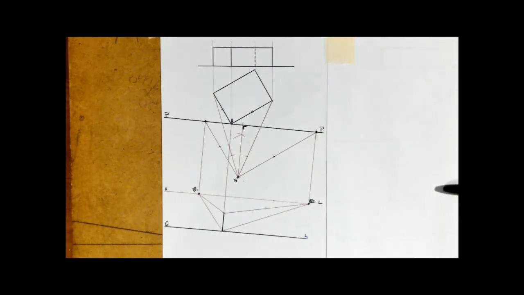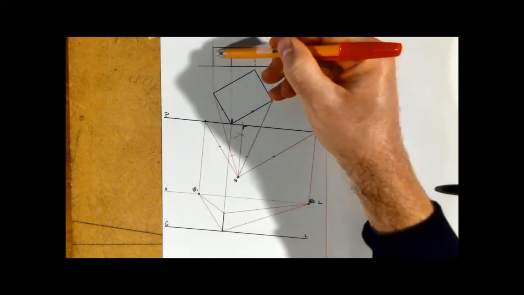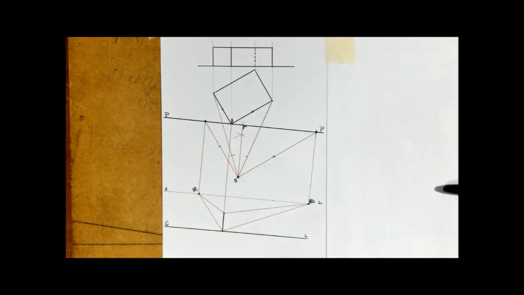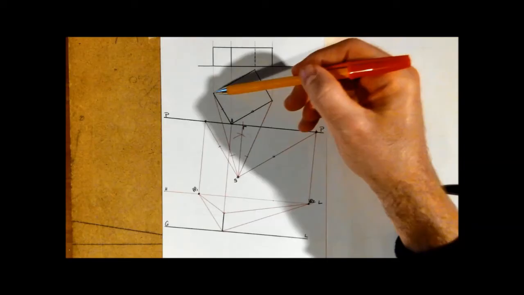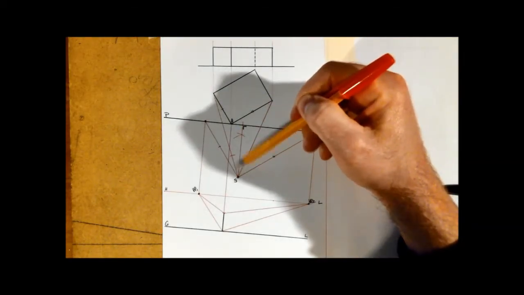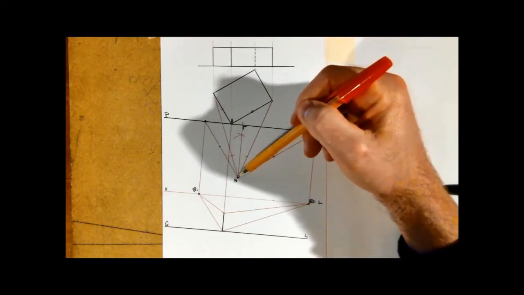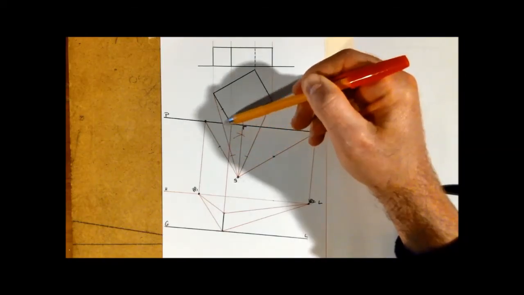Now at this point, it's starting to take a little bit of shape. The only problem is we don't know exactly where it finishes, here or here. However, what we do know is the Spectator's view of those points on the picture plane. Imagine a person here looking in this direction. He wants to see where this corner is. His line of sight is in here, but this is where he sees that corner.